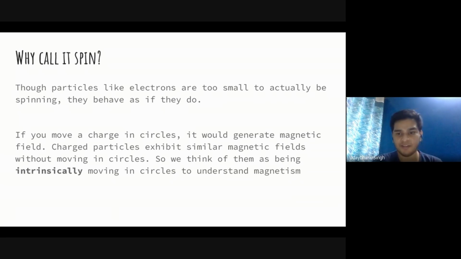So that's the general idea: spin is a theoretical construct that allows us to understand why those particles generate magnetic fields in the way that they do, but they aren't actually spinning. We're thinking of them as exhibiting a spin in a theoretical sense and not in a physical sense.